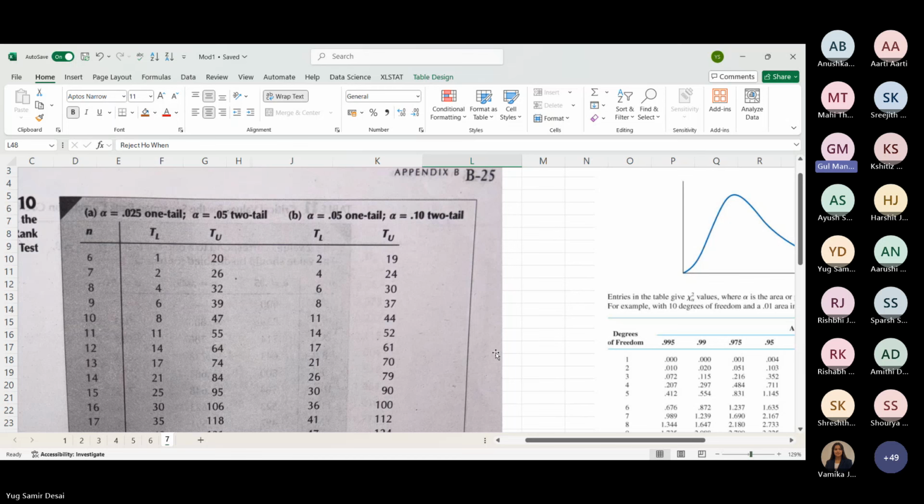Instead of degree of freedom, we are having the n value here. Yeah, exactly. Like for n equal to 10 and significance value 0.05, the critical value will be 8 according to that table. Okay, thank you. Welcome.